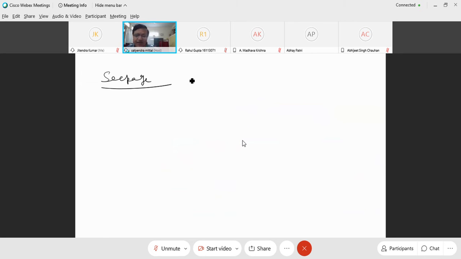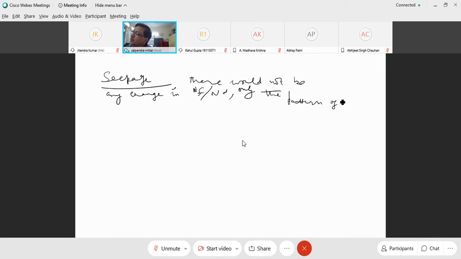Let me write that there would not be any change in NF upon ND, only the pattern of flow net on upstream and downstream sides gets interchanged.